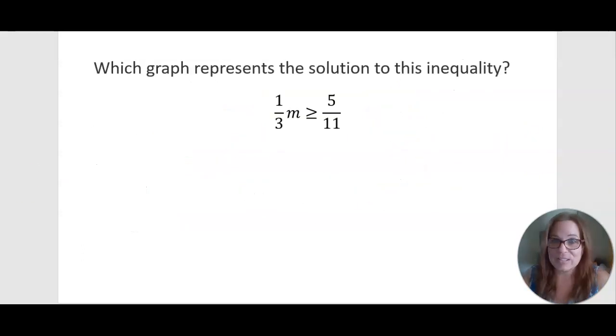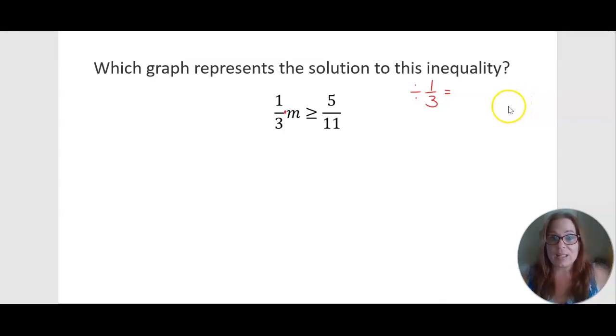All right, moving right along. Again, what operation is being done to the variable? Let's do the opposite. So I can see that the m is being multiplied by 1/3, which means I'm going to have to divide by 1/3. But we have a process for dividing fractions. We don't actually divide by 1/3.